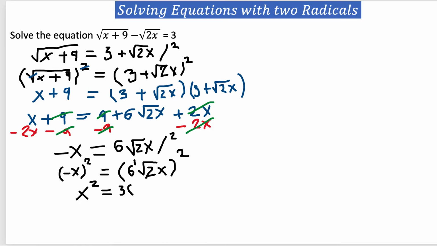And this 2, if I'm distributing it here, is going to simplify the square here, and it's going to be times 2x. So finally, this is going to be x squared is equal to 72x, because 36 times 2 is 72x.